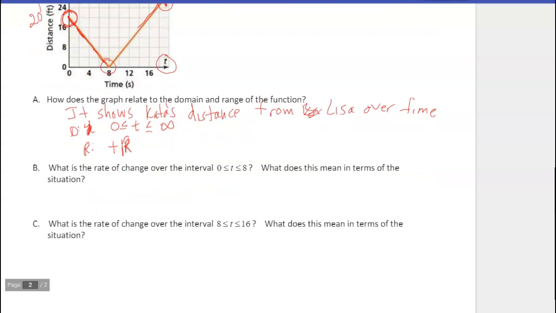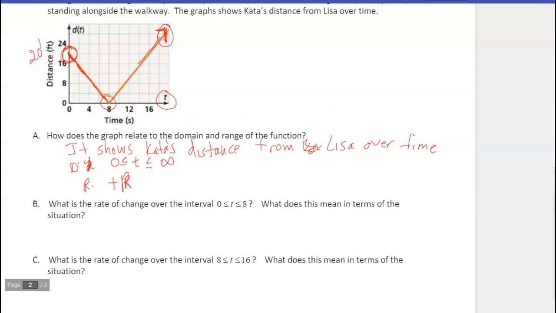So what is the rate of change over this interval here? So rate of change, all we're trying to find is slope. So our rate of change, we went from 20 to 0 in a span of 8 seconds. So really, those are the 2 points I'm using. I would use 0, 20, and then I would use 8, 0.